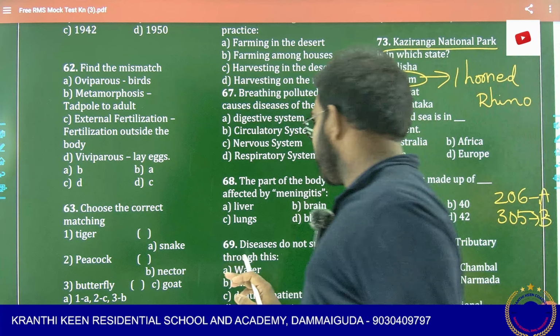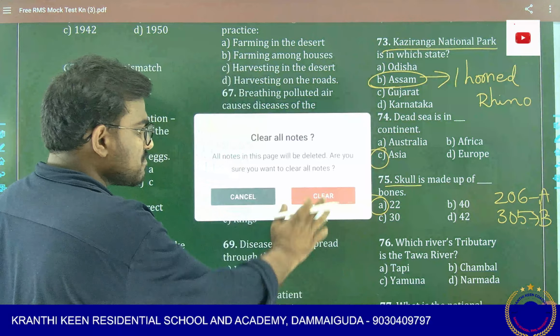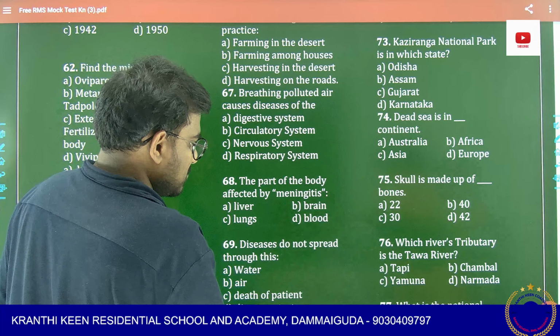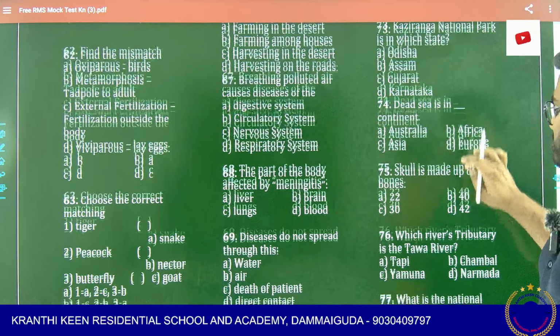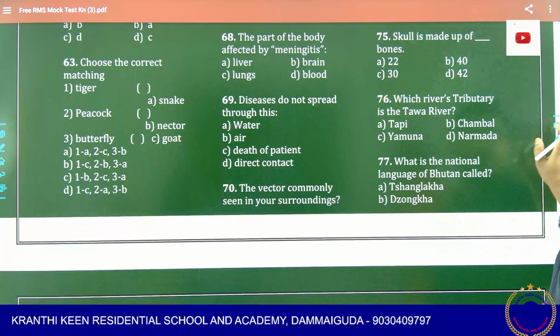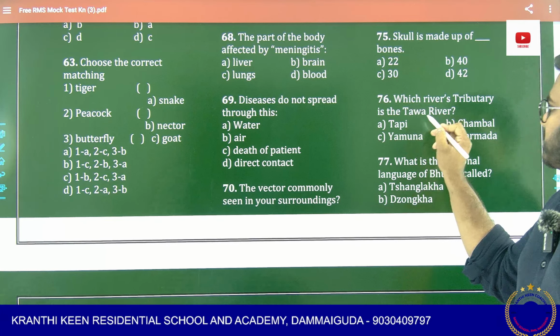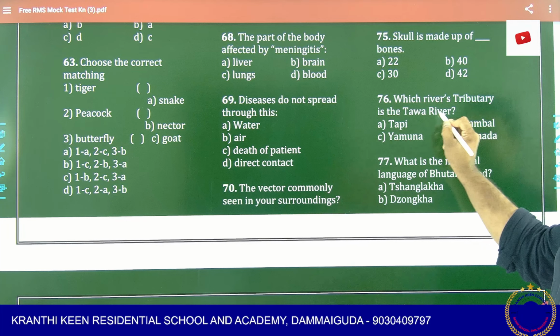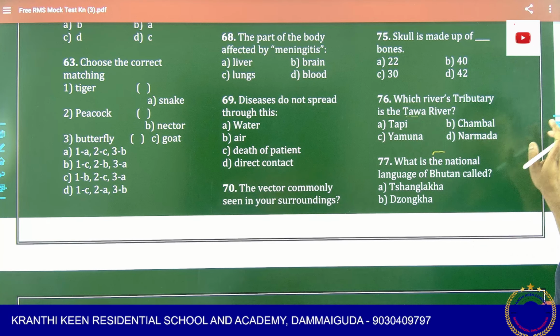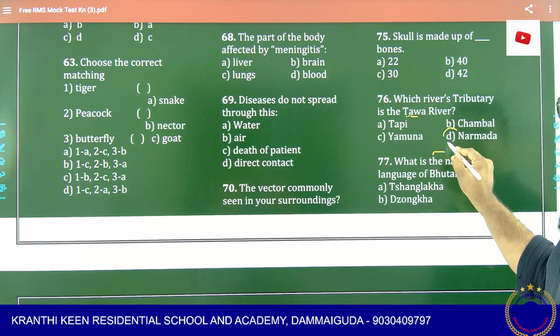I will go with the 76th question. Which river's tributary is the Kaiva River? Narmada is the answer.